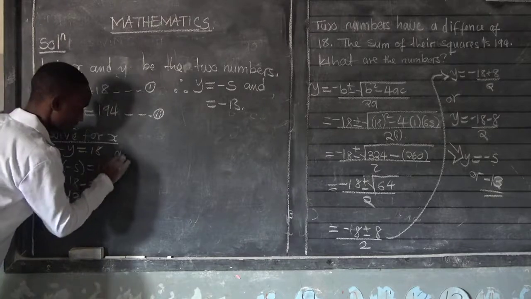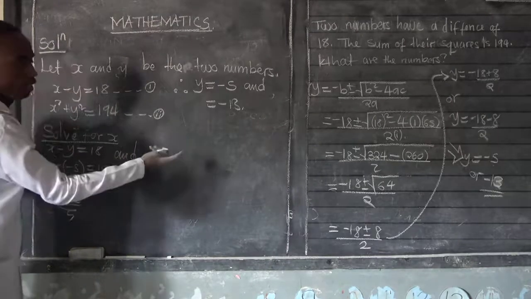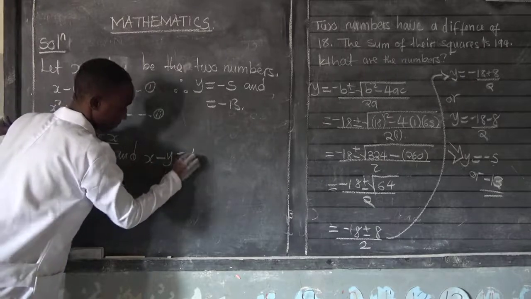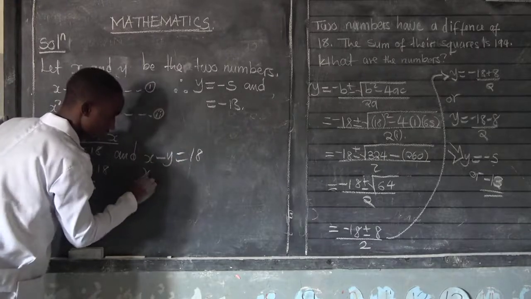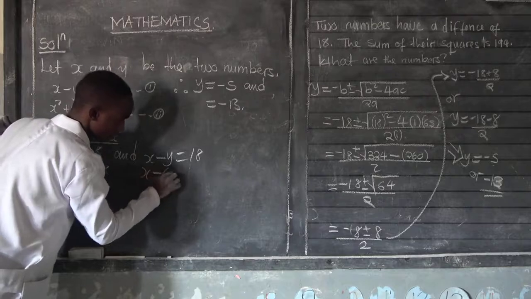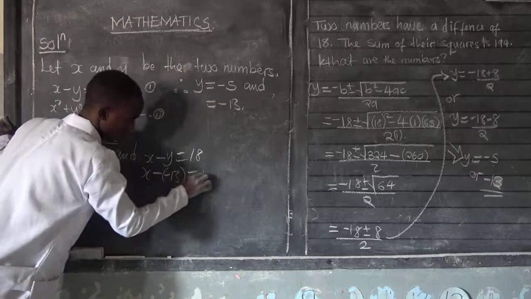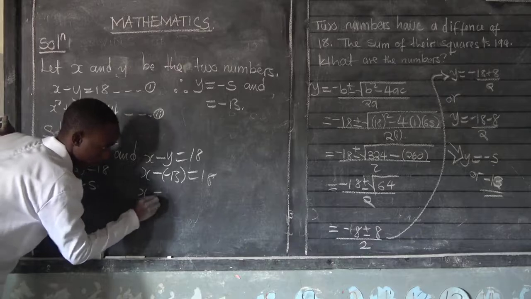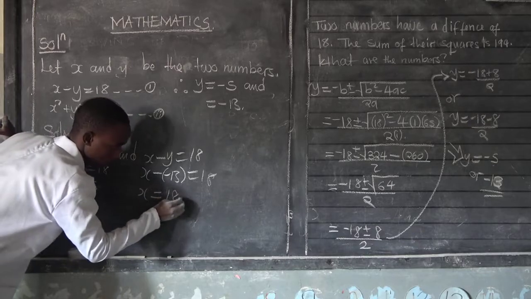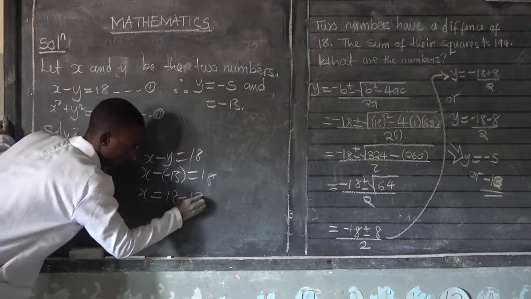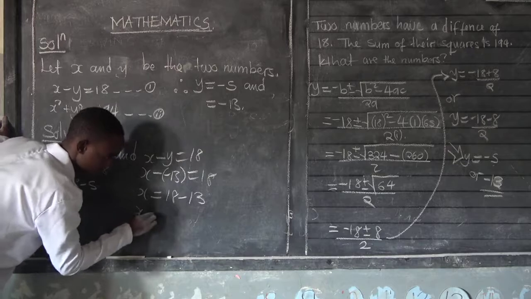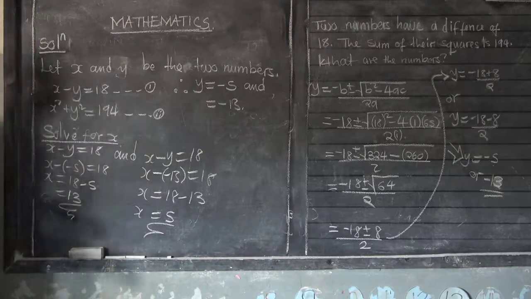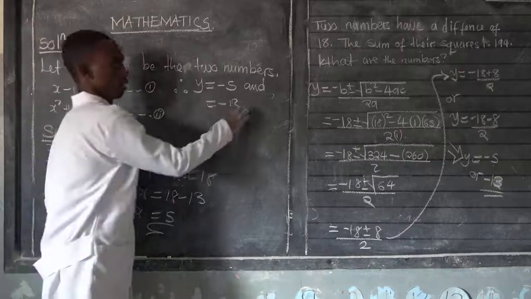And also, where y is equal to negative 13, we can therefore work out x in the same way.